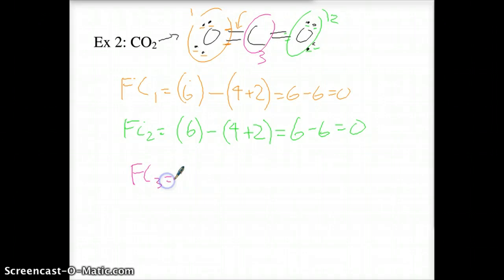Carbon is in group 4, so it should have 4 valence electrons, minus how many non-bonding electrons does it have? Well, 0. There's no electrons by themselves. Plus, how many bonds does it have? 1, 2, 3, 4. 4 bonds, 4 lines touching it. So this would be 4 minus 4, which is equal to 0.